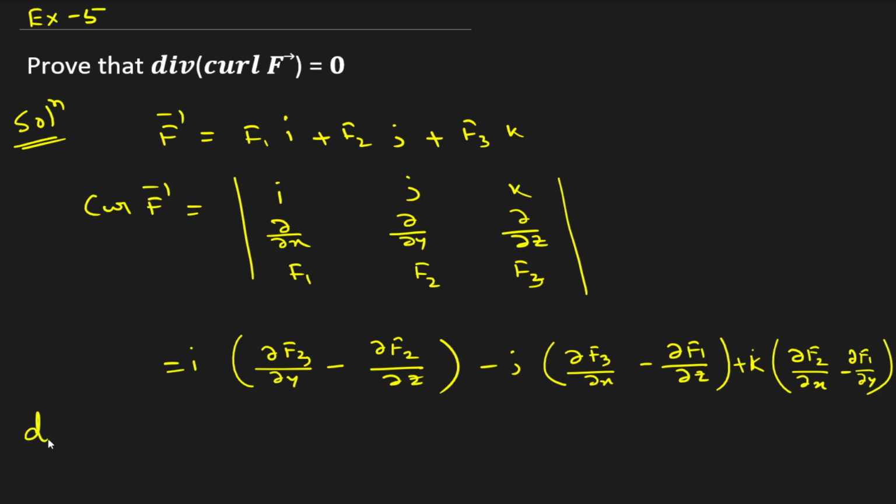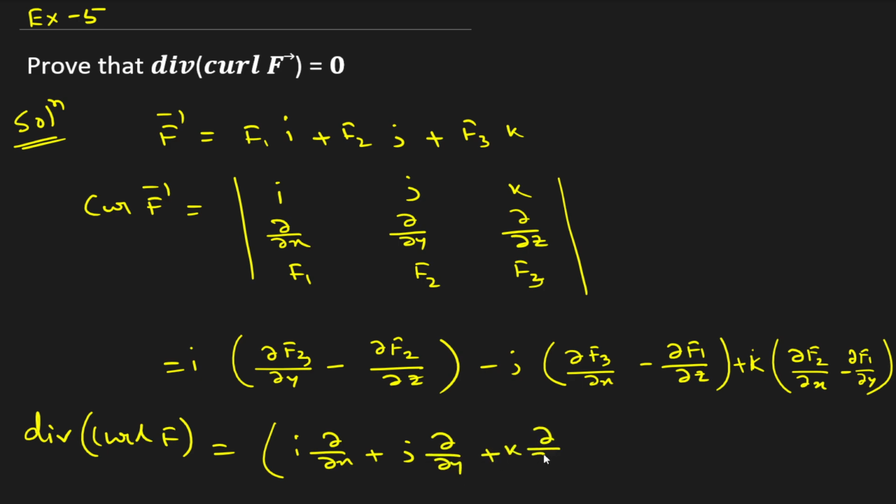Now we'll find divergence. Divergence of curl f bar. So divergence means nabla dot. So nabla is i ∂x, j ∂y, k ∂z.